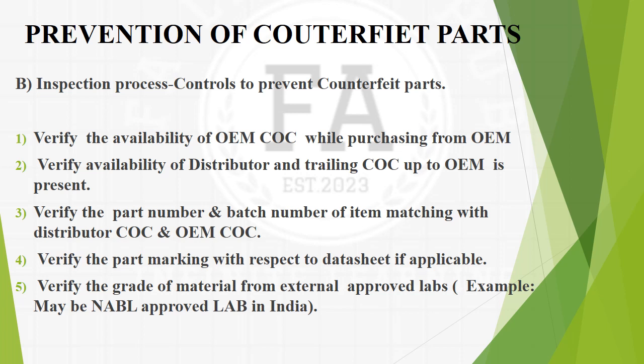It may be an approved lab. If it is in India, a NABL lab. If it is in some other country, their own government approved labs will be available. So we can independently verify whether the received material is of the same grade or not. So these are the control mechanisms in the inspection process to prevent counterfeit parts.